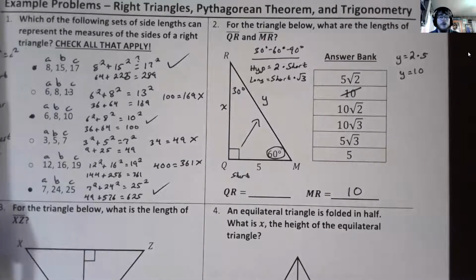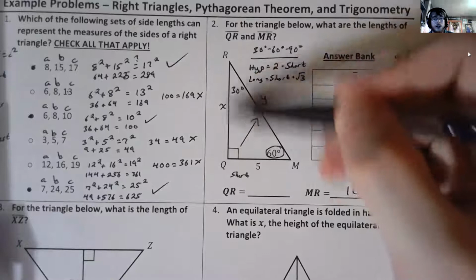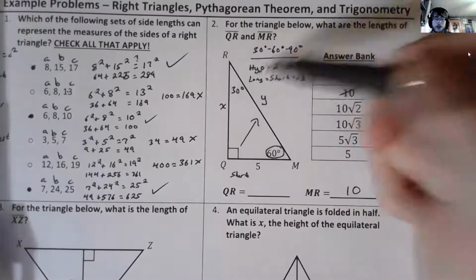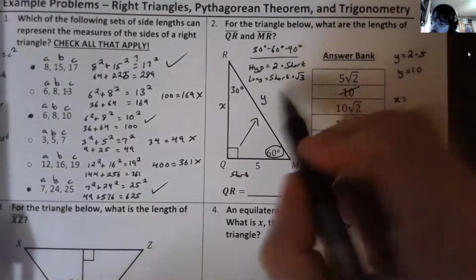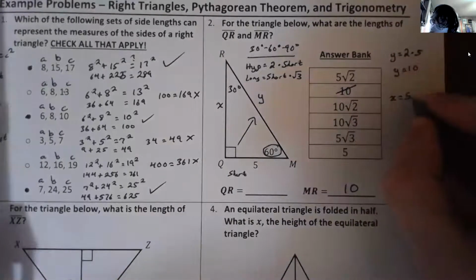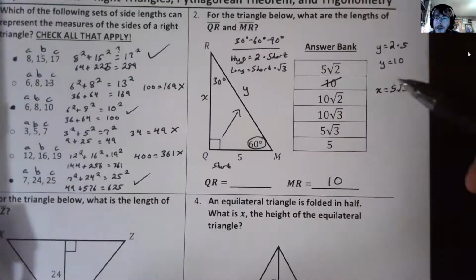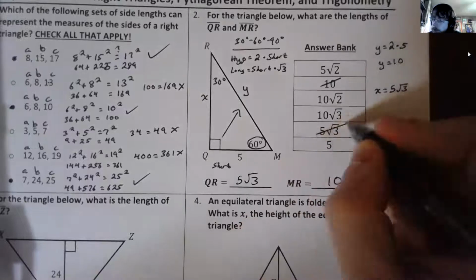Next up, we're going to try to find our x value, and x is on the long leg. So we use our second formula there. X is equal to the short leg times √3. Our short leg is 5 times √3, and that just drops down into the answer box as 5√3.